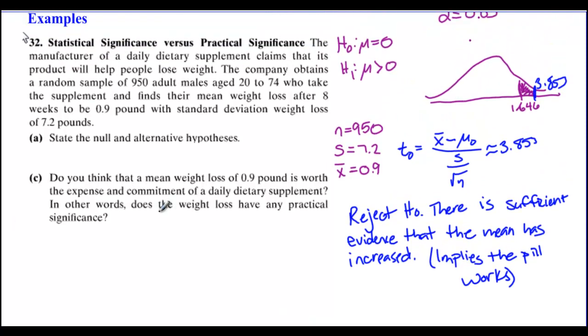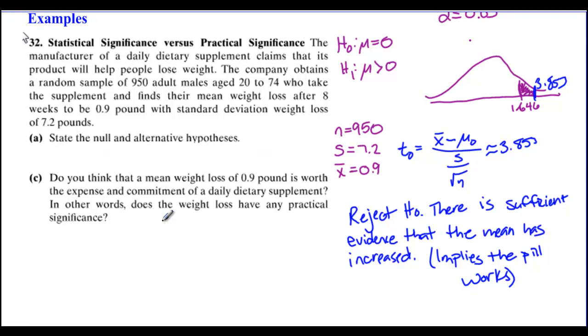However, this is where the practical significance comes into play. So do you think a mean weight loss of 0.9 pounds is worth the expense and commitment of a daily dietary supplement? In other words, does the weight loss have any practical significance? So again, 0.9 pounds.